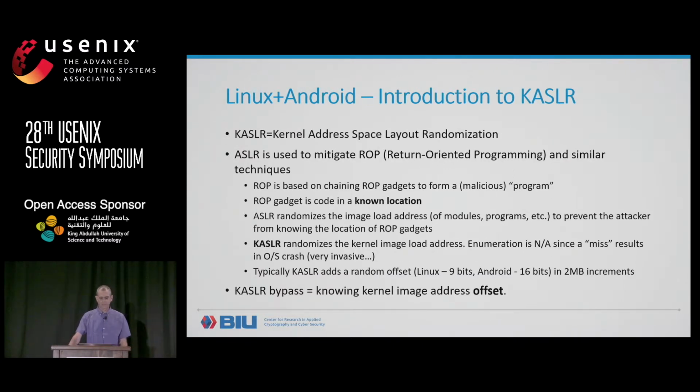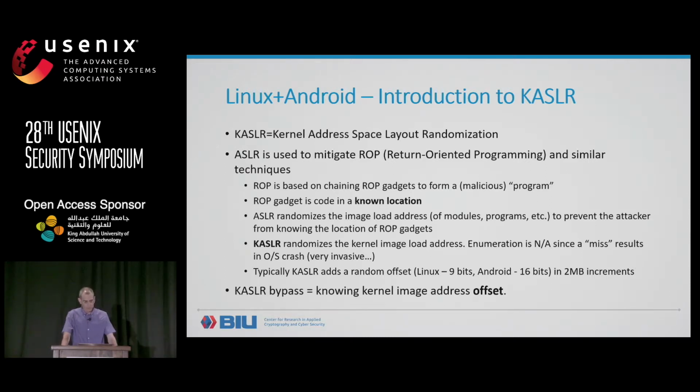Moving to Linux and Android, I want to first do a quick refresher of what KASLR is. KASLR is kernel address space layout randomization. It's a specific use case for address space layout randomization, ASLR. And ASLR is used to mitigate ROP attacks. ROP is return-oriented programming. It's also used to deflect JOP attacks and similar attacks.